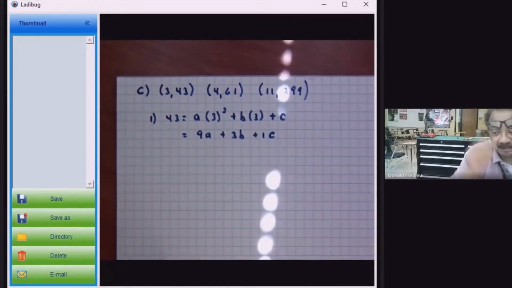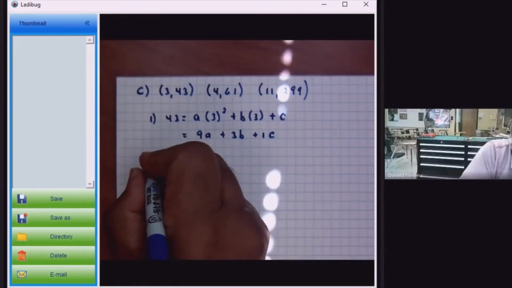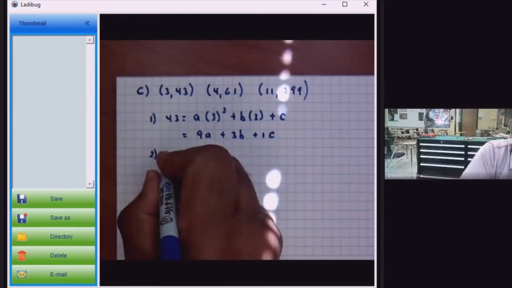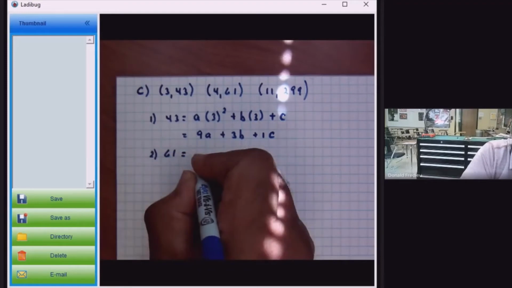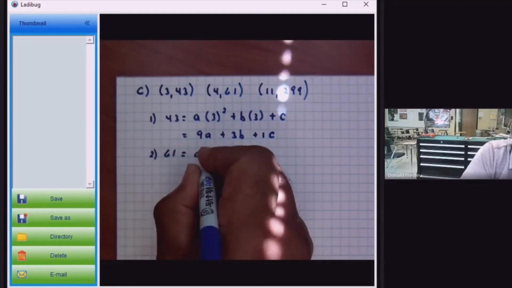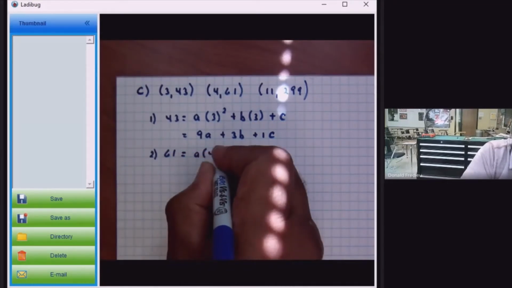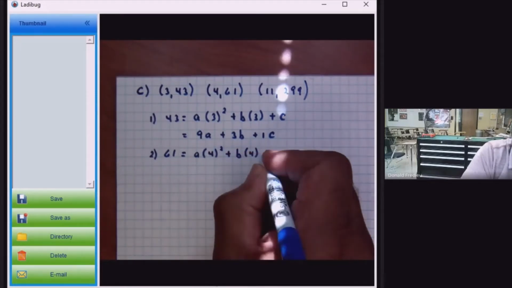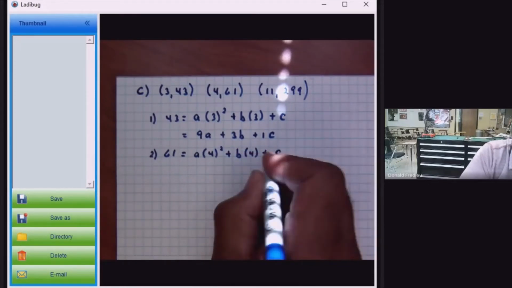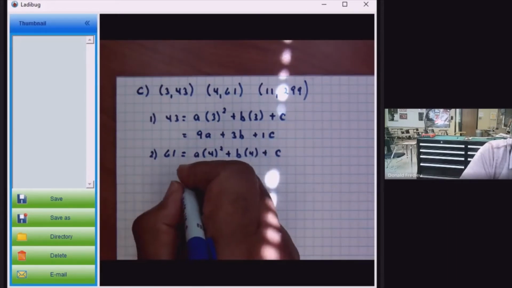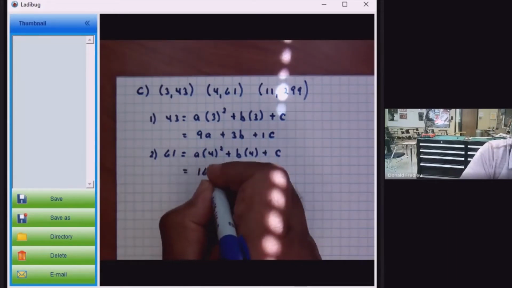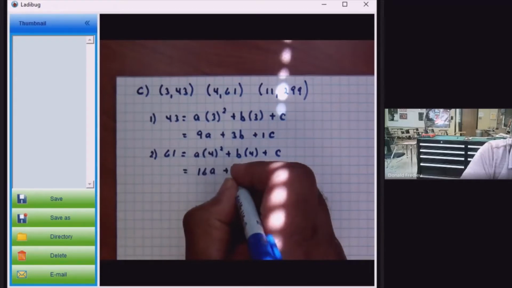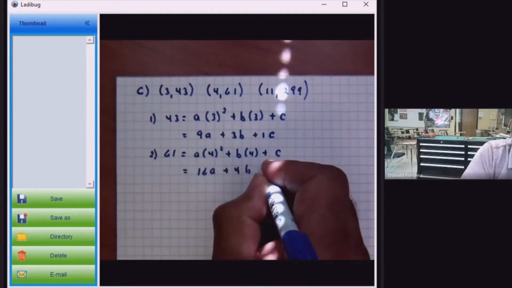Everyone get that? Yes. Second equation is 61 equals a, x is 4, and that's squared, plus b times 4 plus c. So this becomes 61 equals 16a plus 4b plus 1c.